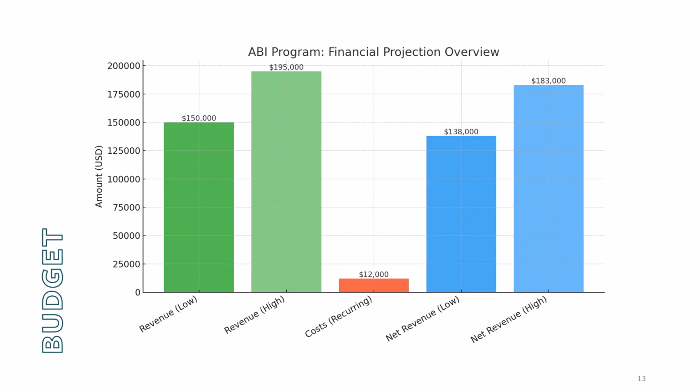Program rationale: peripheral artery disease affects over 8.5 million people in the U.S. Early detection and monitoring are essential to prevent complications such as limb ischemia and cardiovascular events. ABI testing is a non-invasive, cost-effective, and guideline-recommended diagnostic tool for PAD.